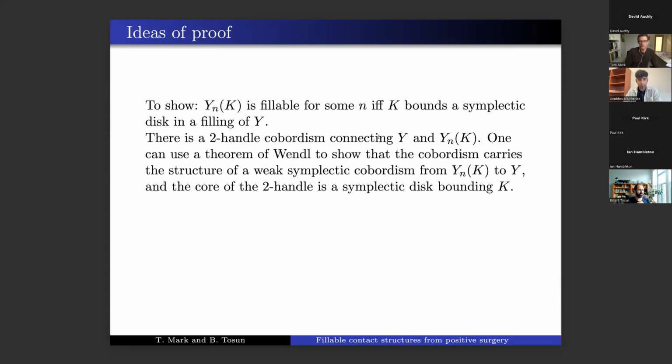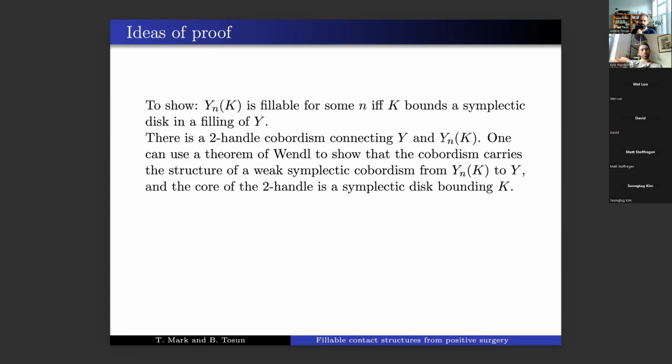So one way to think about it is, if you're doing n surgery, there's a two-handle cobordism from one to the other. And it turns out that some work of Chris Wendl, along with massaging your picture a little bit to make sure the theorem applies, shows you that this cobordism between these two three-manifolds has the structure of a weak symplectic cobordism, although it goes the other way from Y_n back to Y.